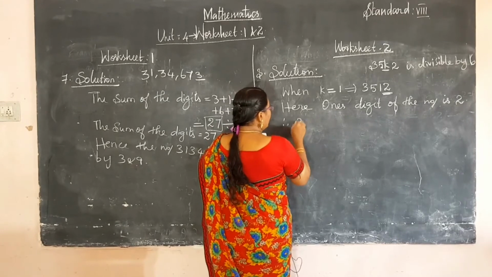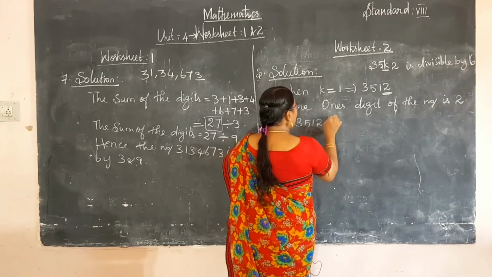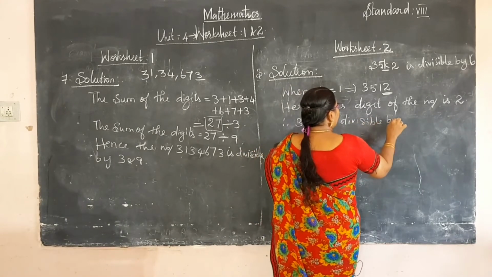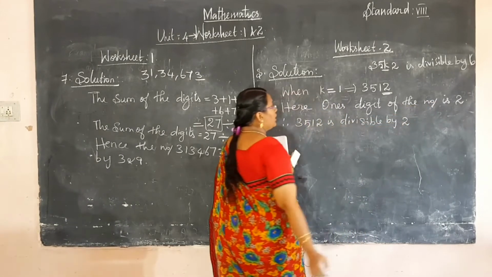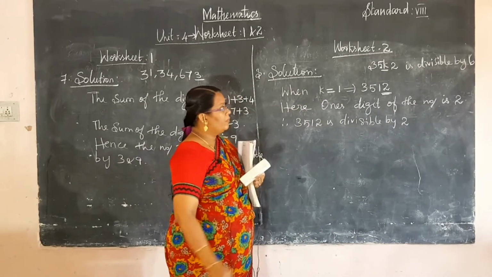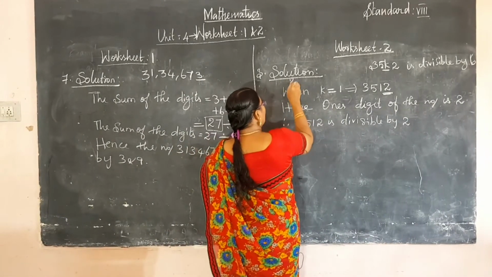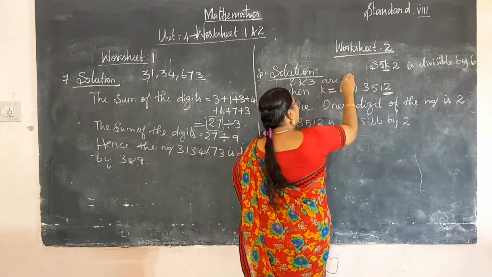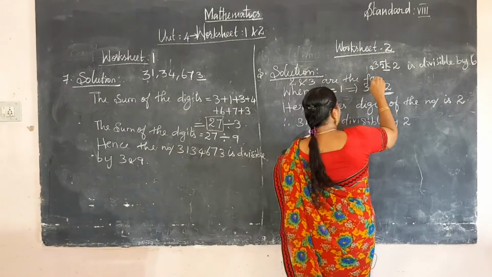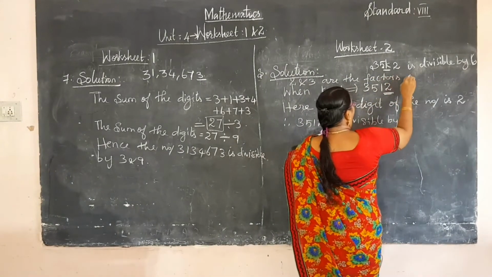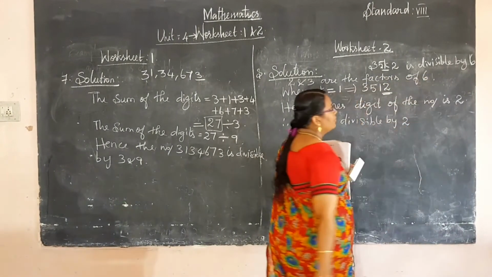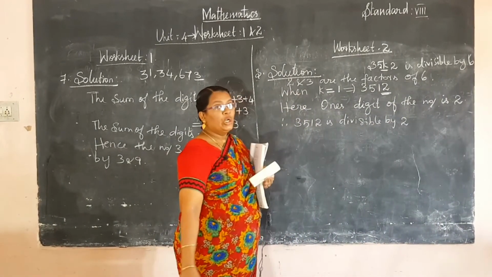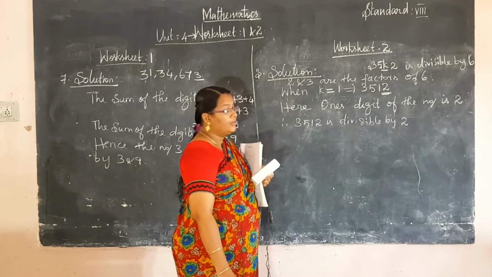Therefore 3512 is divisible by 2. Why do we check this? 2 and 3 are the factors of 6. So we check the divisibility test by 2 and by 3.